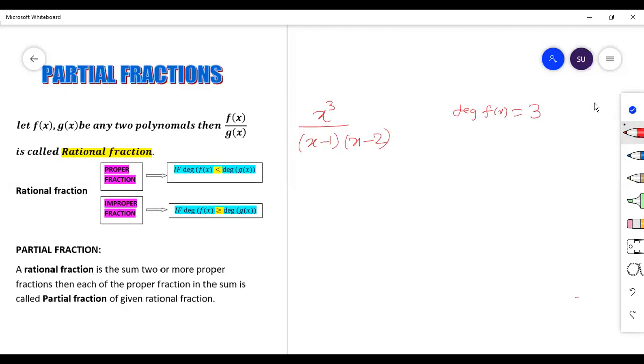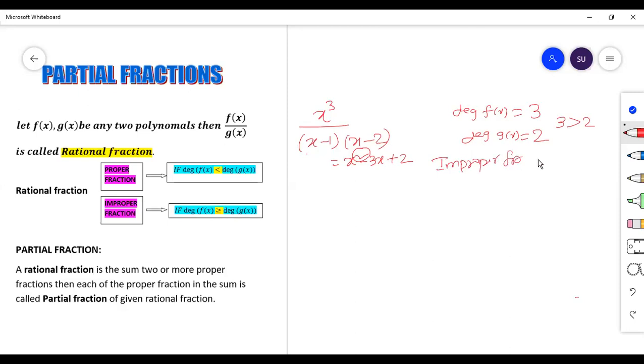Suppose I multiply the denominator: x into x, I will get x square, then minus 2x minus x, minus 3x plus 2, correct? So the highest power of x is 2. So degree of g of x is equal to 2, which means clearly 3 is greater than 2. Degree of f of x is greater than degree of g of x, so it is an improper fraction.